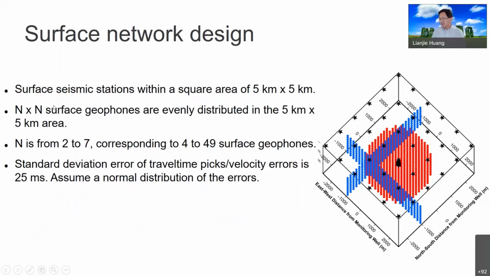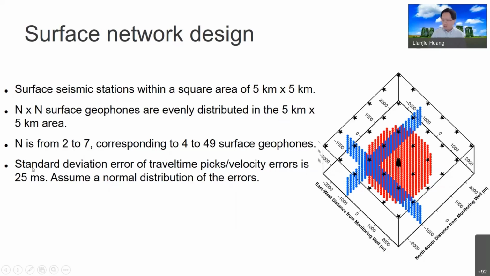So in this example, we design for surface monitoring using surface seismic stations. The monitoring region on the surface is about 5 kilometers by 5 kilometers, as shown here. When we do the calculation, we use an n by n regular distribution, where n varies from 4 to 49, and then we can calculate the standard deviation error of the event location.